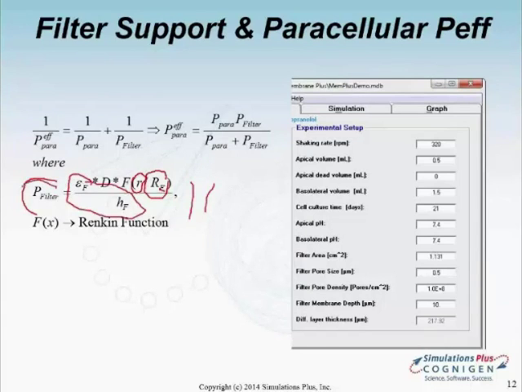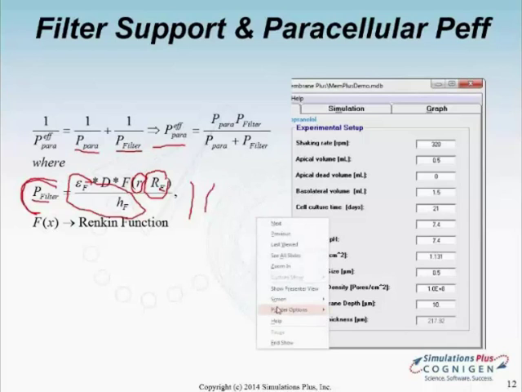We are calculating the permeability of either the filter or paracellular permeability. The same type of equation would apply. And the total effective paracellular permeability is then calculated by accounting for both the paracellular permeability as well as permeability of the filter.